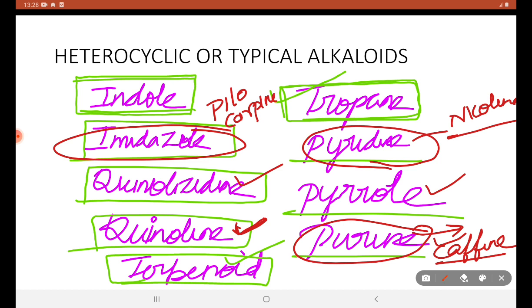Pilocarpine. Apart from this, we also have isoquinoline, where we have papaverine and morphine. These are the category of drugs under isoquinoline.